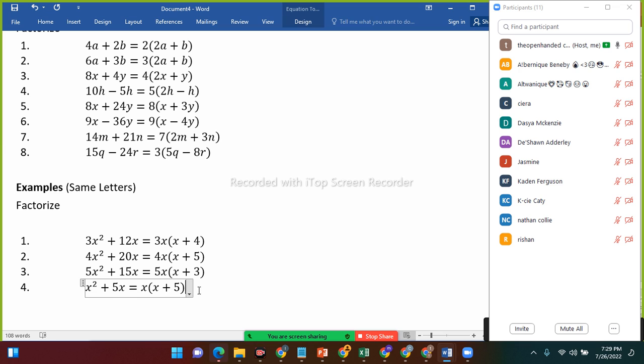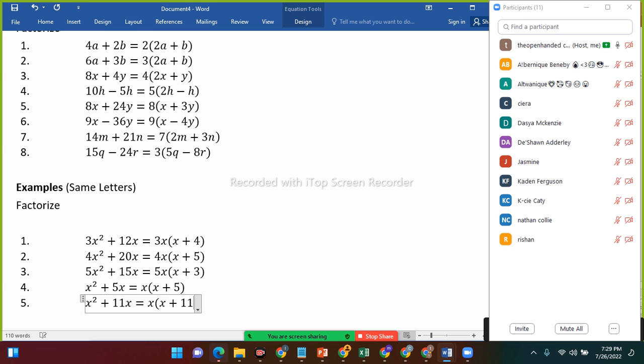All right. So let's try another one. So we have x squared plus 11x. Albanic, how would we do that? Okay, so we put x, bracket, x plus 11.